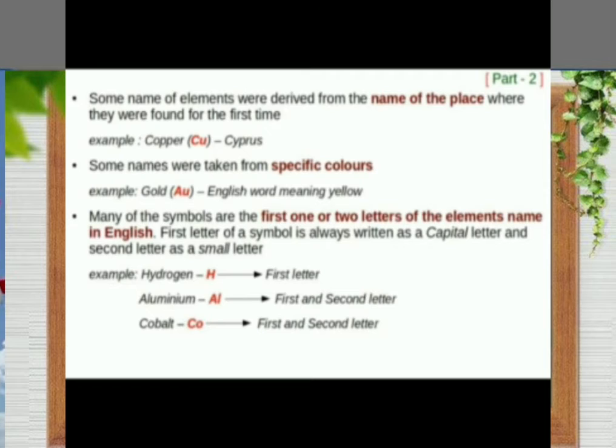For hydrogen we take the first letter, H. For aluminium we take the first and second letters, Al. For cobalt we take the first and second letters. But the first letter of a symbol is always written as a capital letter and the second letter as a small letter.